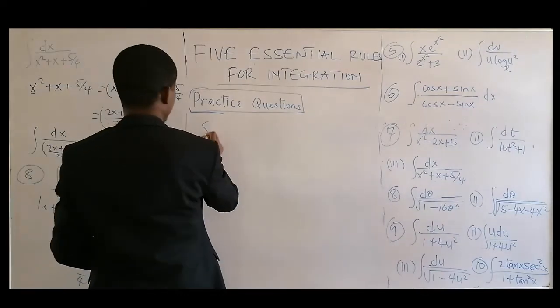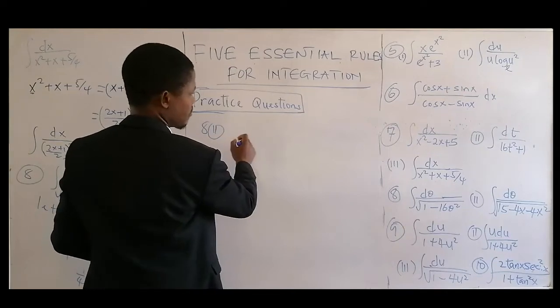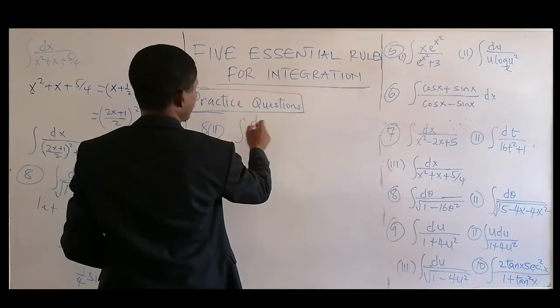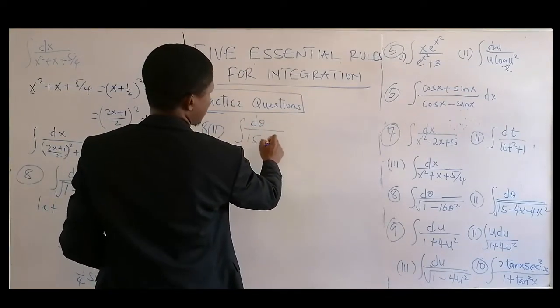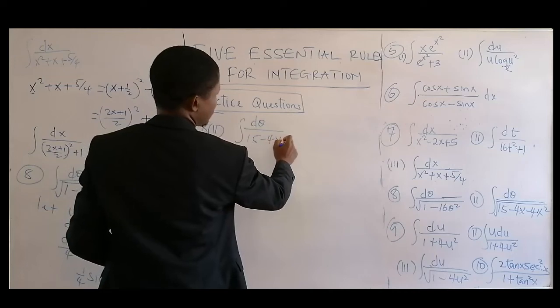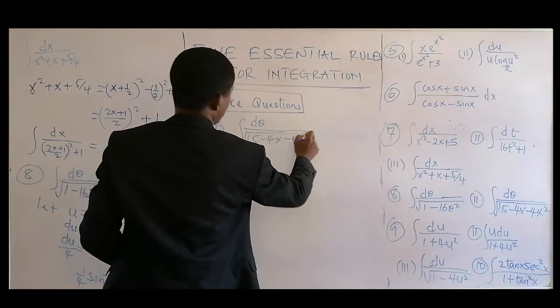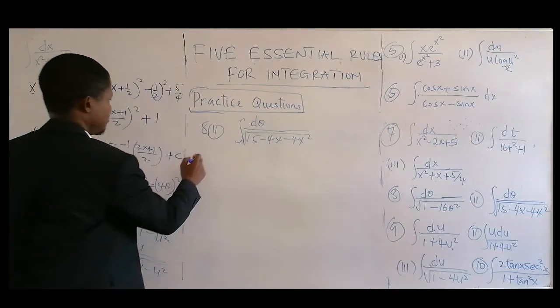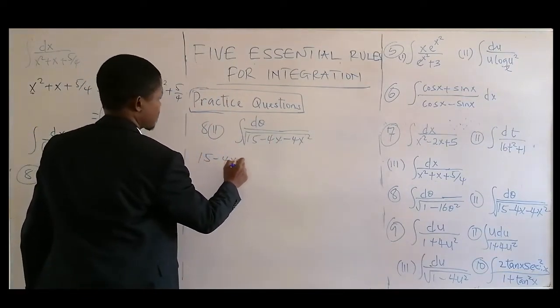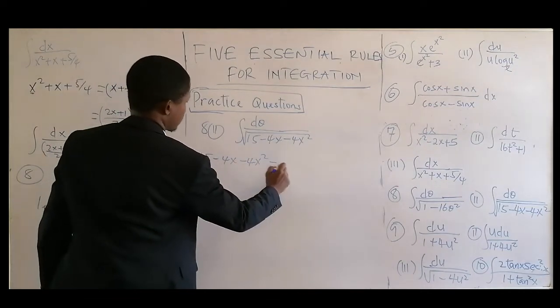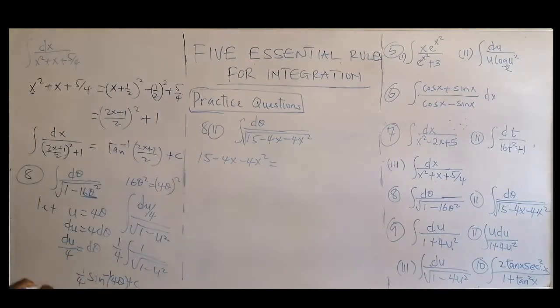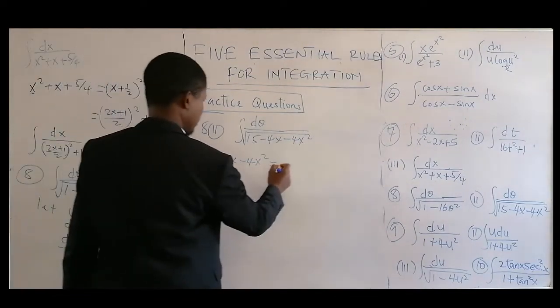The H part 2, integral of dx all over the square root of 15 minus 4x minus 4x squared. Let's take this one out: 15 minus 4x minus 4x squared. If we take it out, take minus 4 out here.